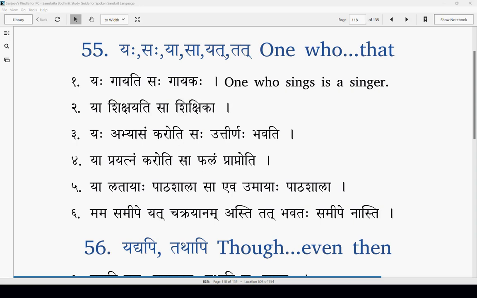So you can add the Vishesha Padam to make it more descriptive. So Ya Latayaha Pathashala, Sa Eva Umayaha Pathashala. Here on both sides we have the Vishesha Padam, Pathashala. So Ya is Visheshanam for Pathashala, Sa is Visheshanam for Pathashala.